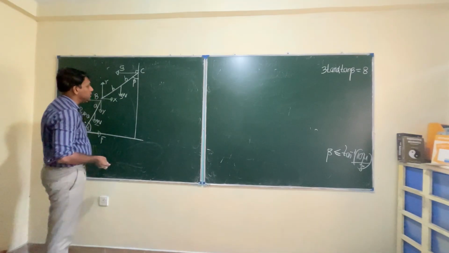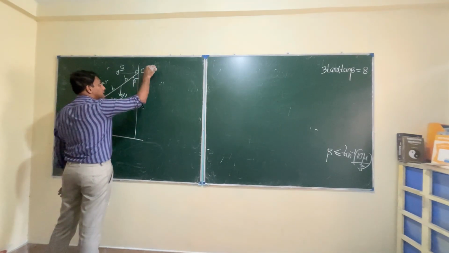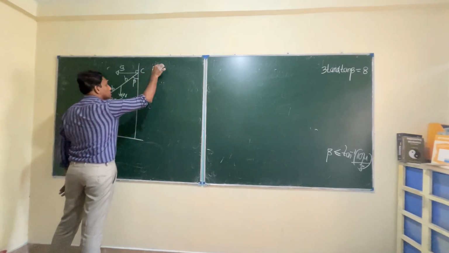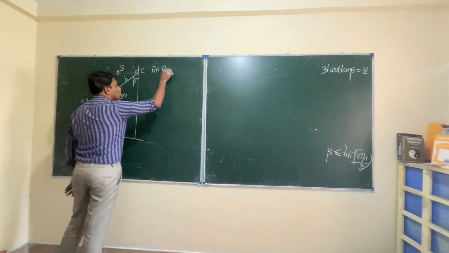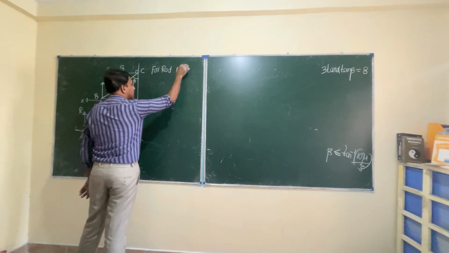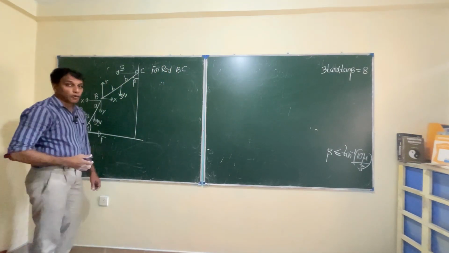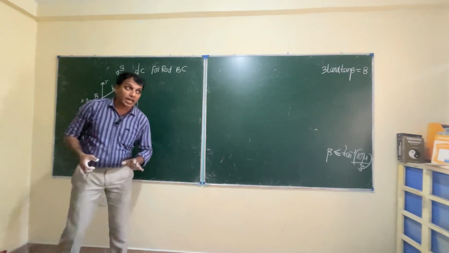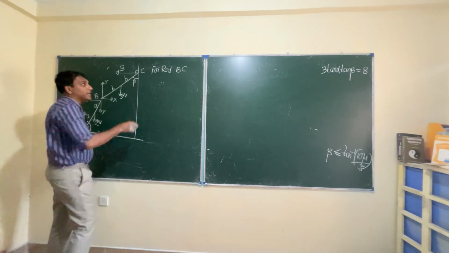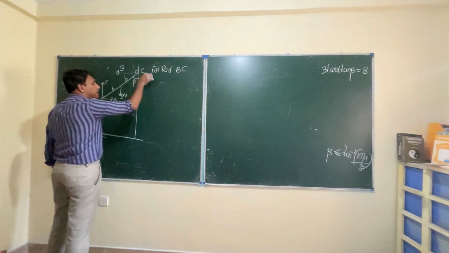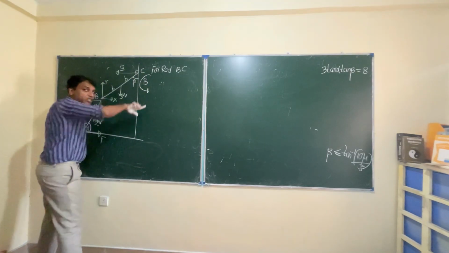Write it nicely. For rod BC, equilibrium of the rod BC, take the moments about B, right? Put the direction also.